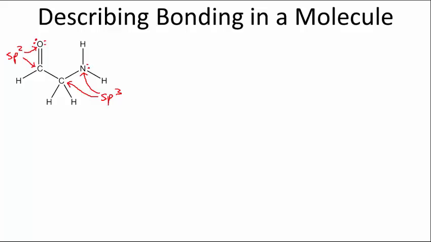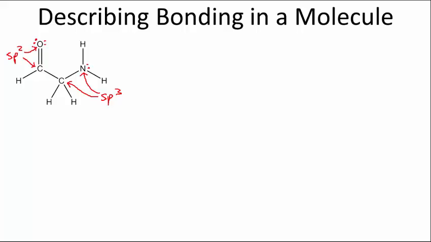All right, so now what we should be able to do is look at every pair of electrons represented in the picture and say, okay, what orbitals is that pair of electrons occupying? We can start on either end.